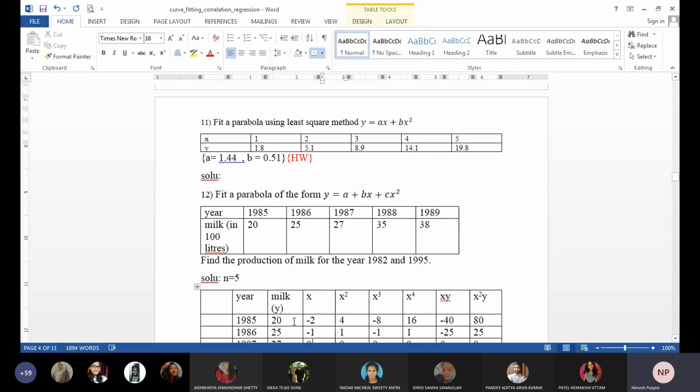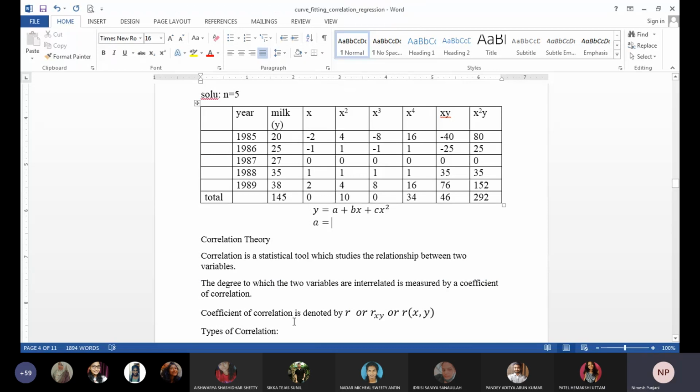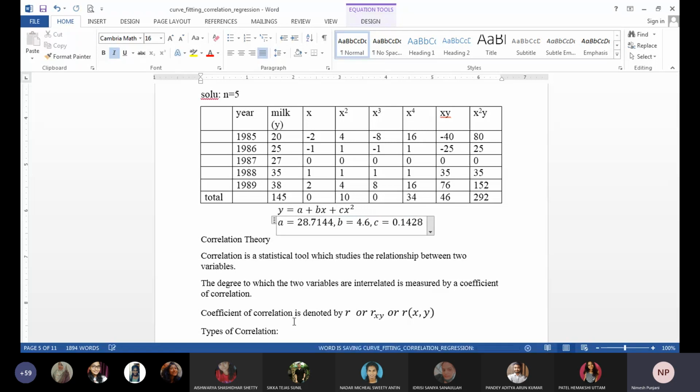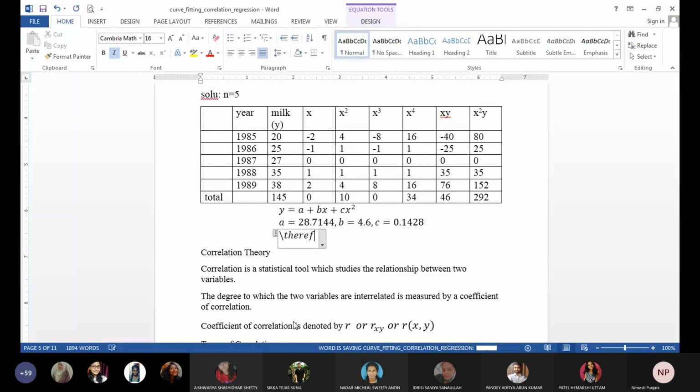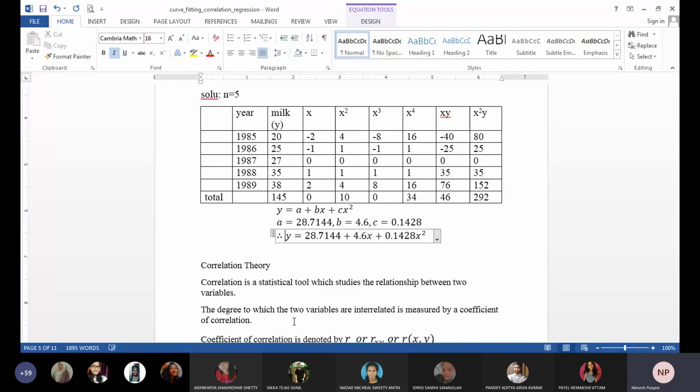Okay, so write down the values. A is 28.7144, B is 4.6, 0.1428 is your C. Therefore, Y is... This is the equation of y. इसको I will take it as star क्योंकि पूरा सम सॉल्व नहीं किया मैंने, तो I don't know what equation numbers you will get.